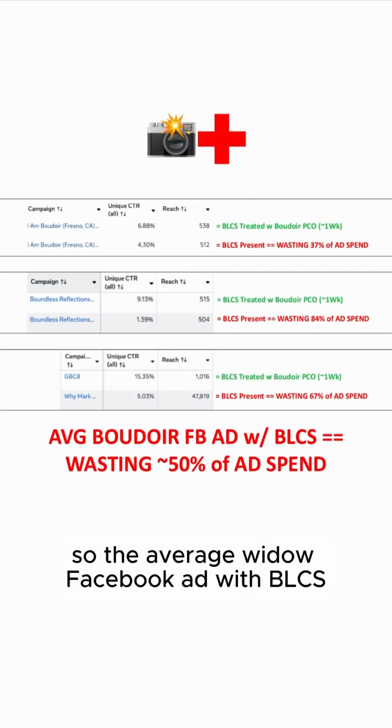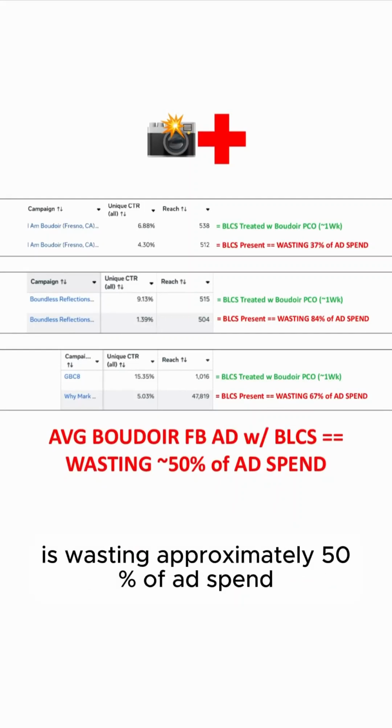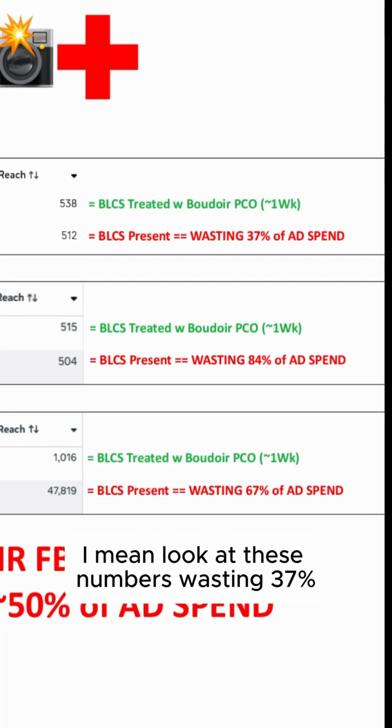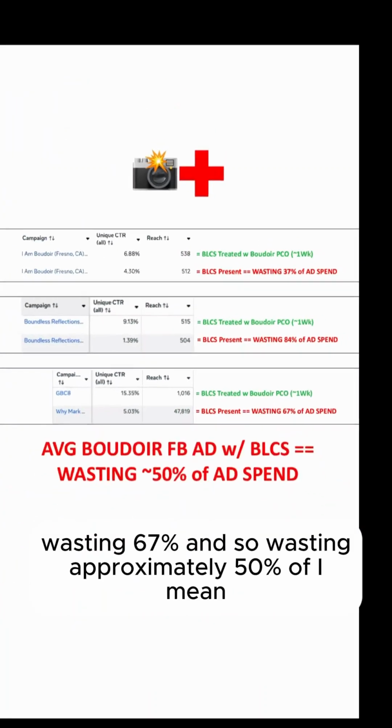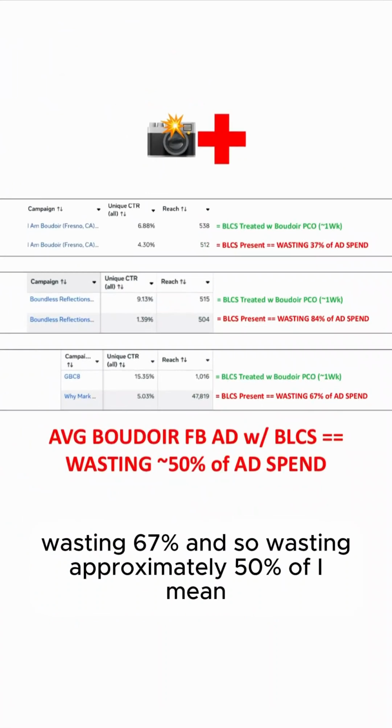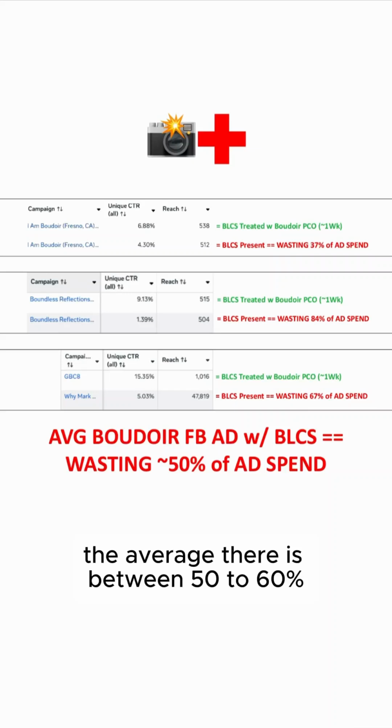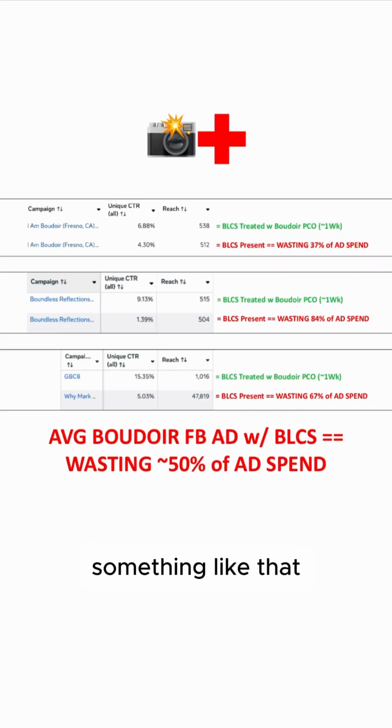So the average Boudoir Facebook ad with BLCS is wasting approximately 50% of ad spend. I mean, look at these numbers: wasting 37%, wasting 84%, wasting 67%. The average is between 50 to 60%, something like that.